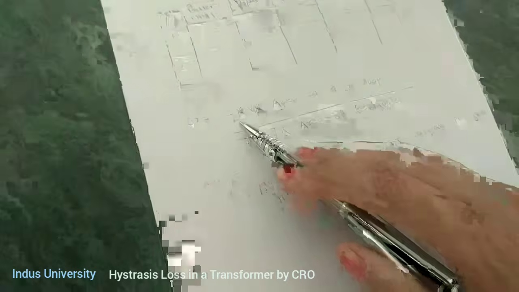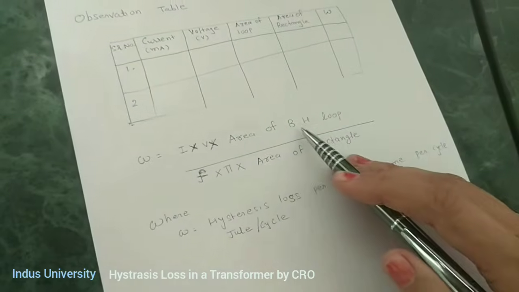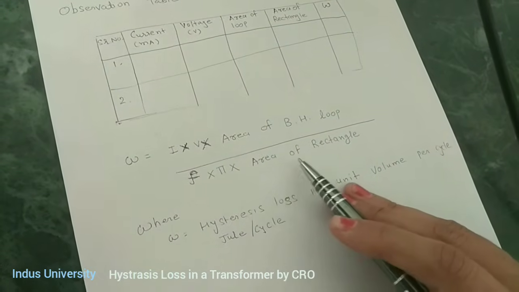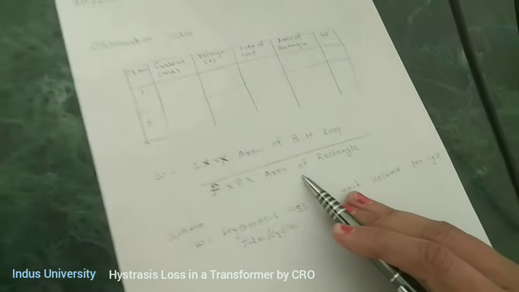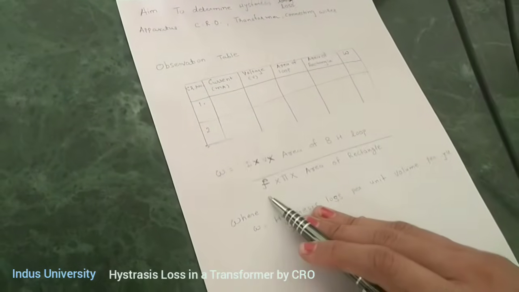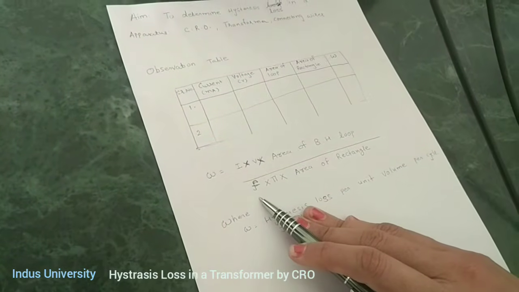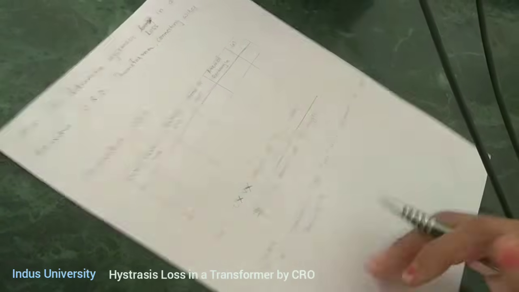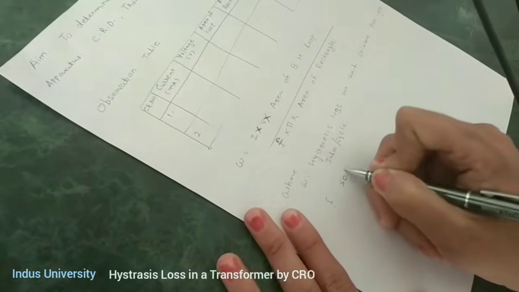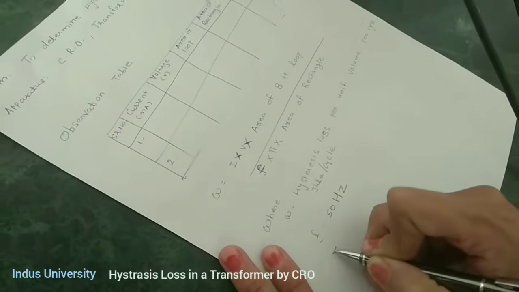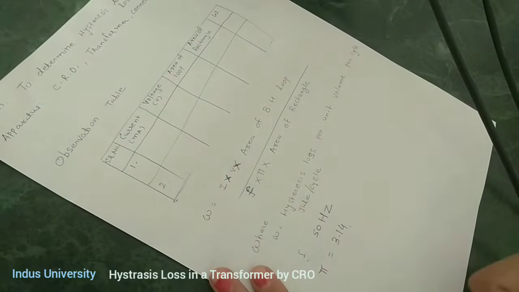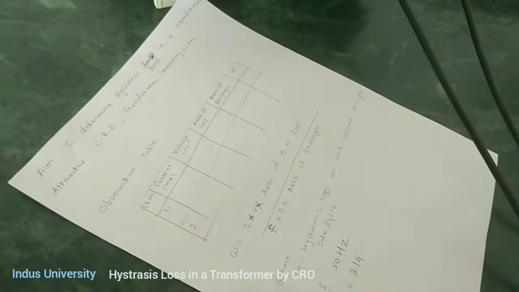It is denoted as VI into area of the BH loop divided by F into pi into area of the rectangle, where F is the frequency, measured in cycles per second or hertz, that is 50 hertz. So F you have to take as 50 hertz, and pi is 3.14, as we know. V and I you have to take from the reading.